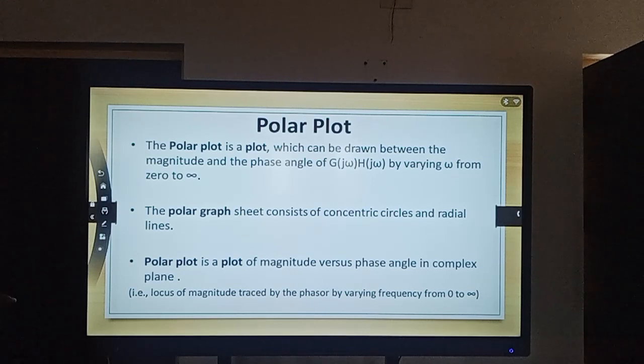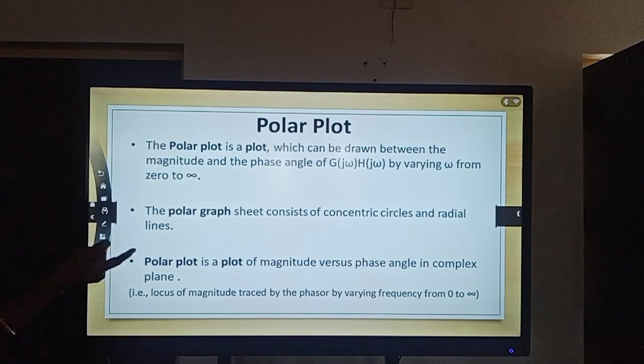The polar graph sheet will have concentric circles and radial lines. I already showed you how the polar graph will be. The radial line is for marking the magnitude, and the concentric circles are for degrees, that is the phase angle, measured from the positive real part on the right-hand side. If it is positive, that is 0 degree.